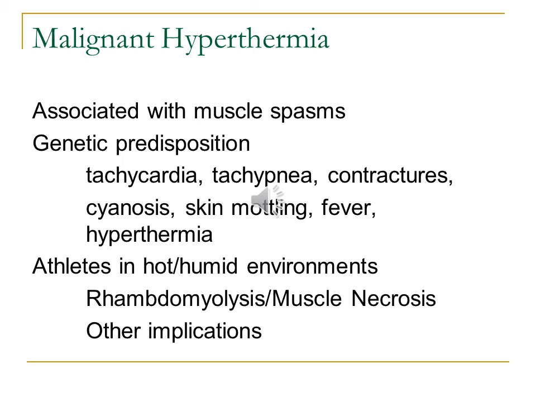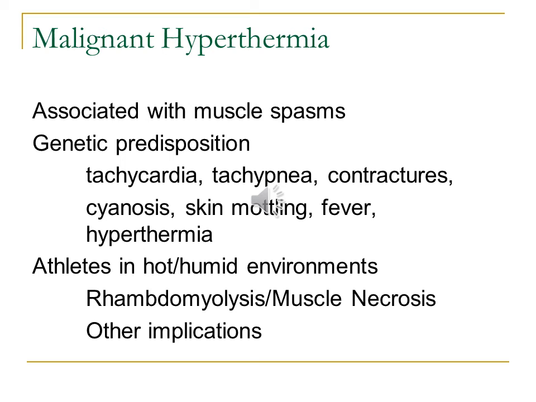This can also happen in athletes who exercise in hot, humid conditions for a long period of time. You can have a progression from heat stroke to malignant hyperthermia, and a lot of times you will also see rhabdomyolysis, which is a catabolic breakdown of skeletal muscle that causes the proteins from the muscle to leak into the circulation.